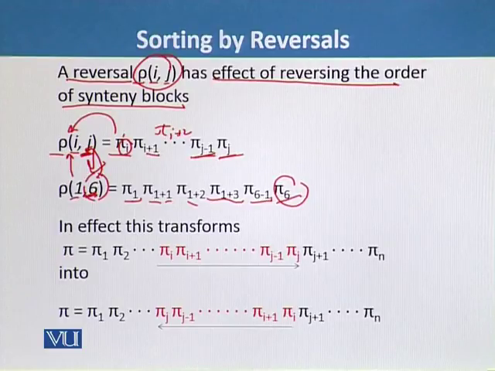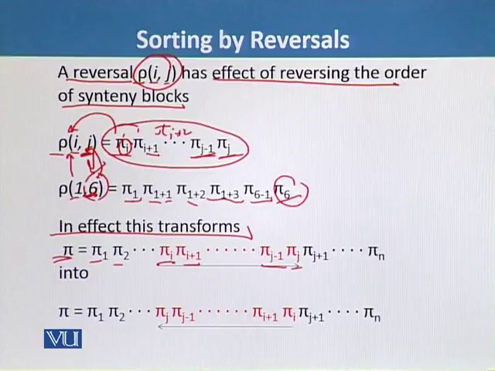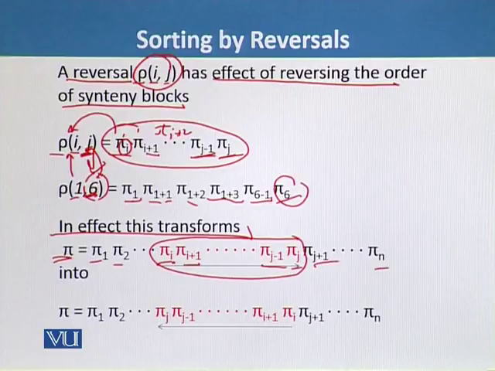We can also see here the effect of this transformation. We have the same pi values, pi 1, pi 2, then pi i, pi i plus 1, up to j minus 1 and j, and again j plus 1 up to n.